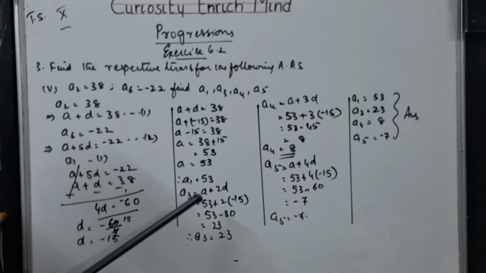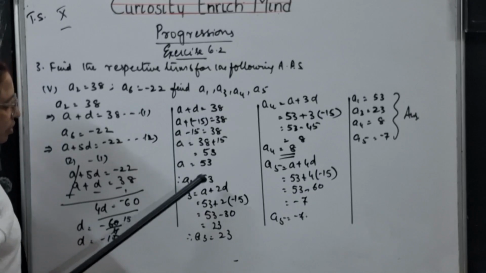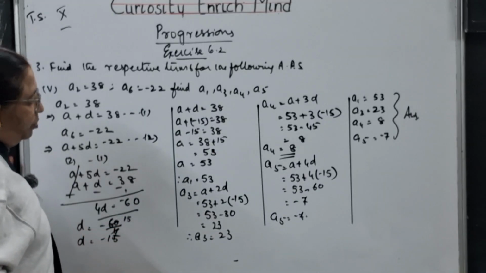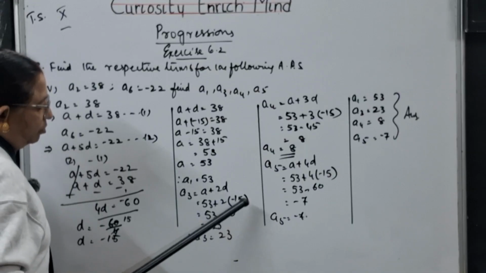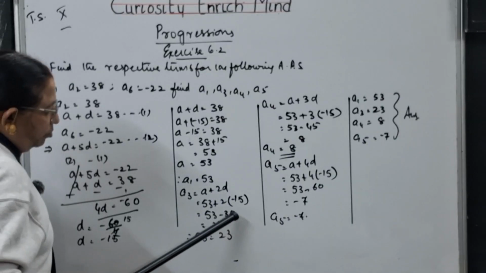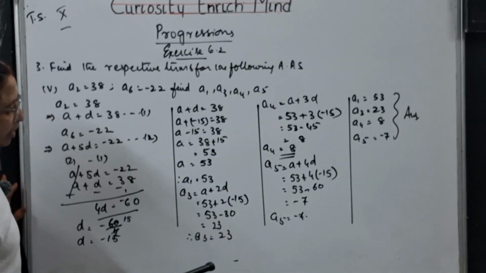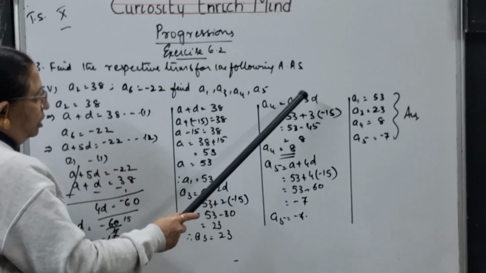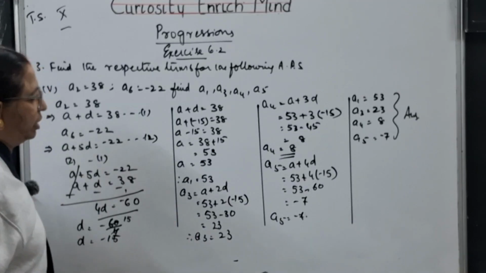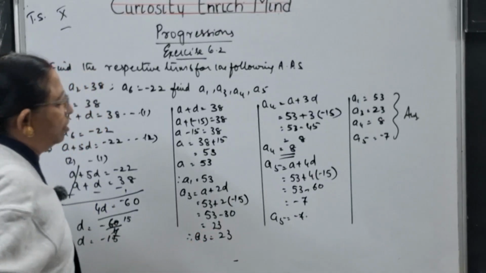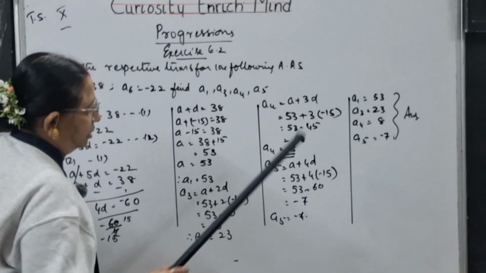So when A is 53, we want A1 they said, that is A1 is 53. A3 is A plus 2D, 53 plus 2 into minus 15, 53 minus 30, that is 23. Now A4, A plus 3D, 53 plus 3 into minus 15, that is 53 minus 45, that is 8.